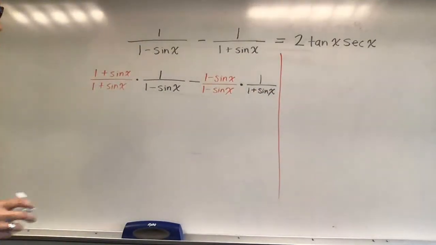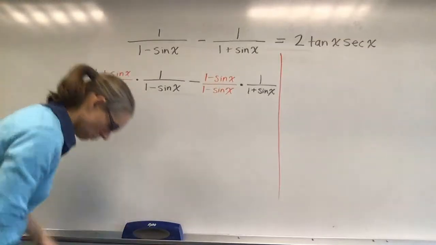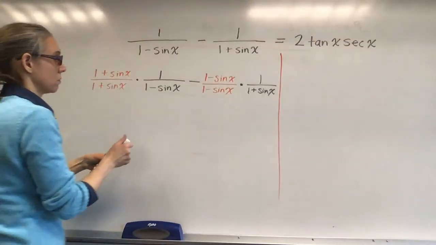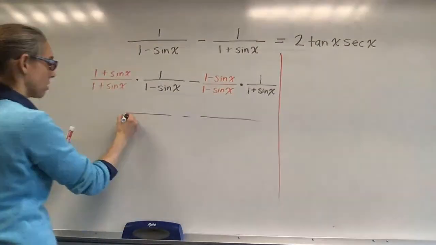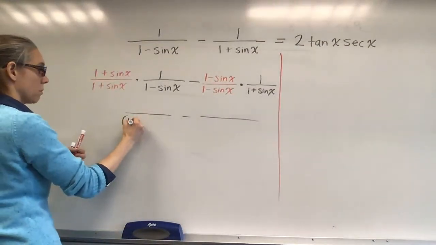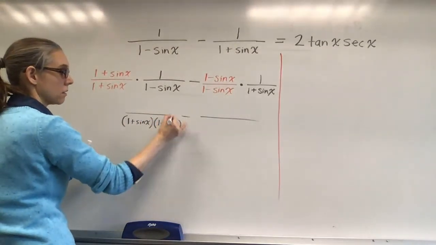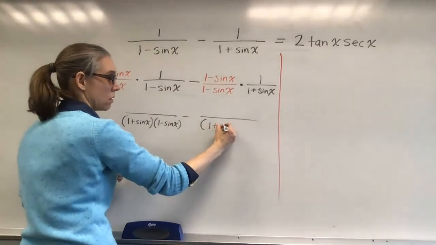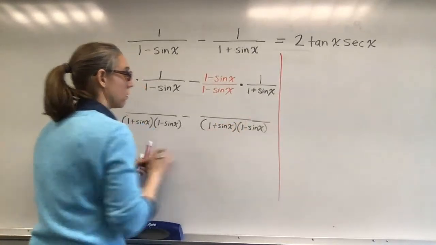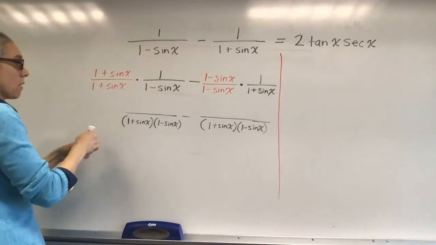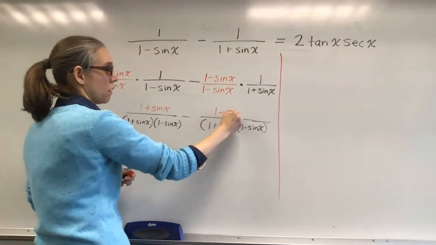Okay, now I'm going to combine. I have this first and second fraction. Now each are 1 plus sine x, 1 minus sine x. For the numerator here I have 1 plus sine x, and for this numerator right here 1 minus sine x.